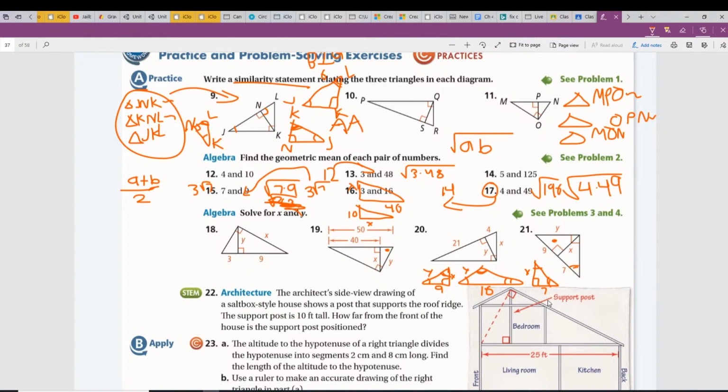So what we can see from right here is that the 16 would be the hypotenuse, so we're going to do this part. 16 is the hypotenuse for this angle.